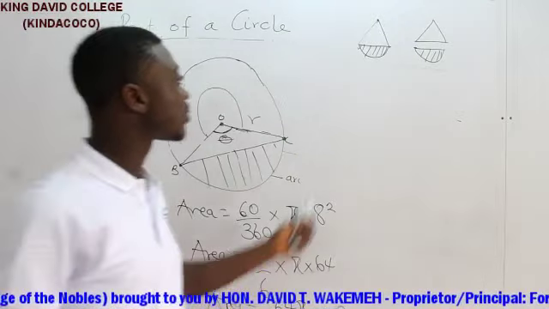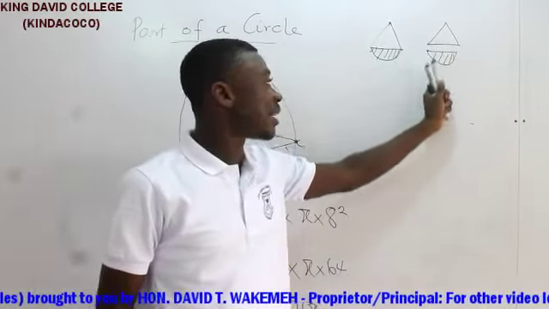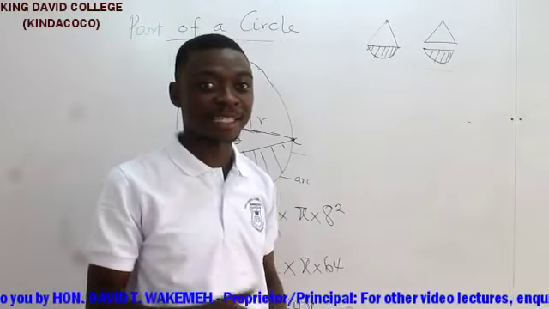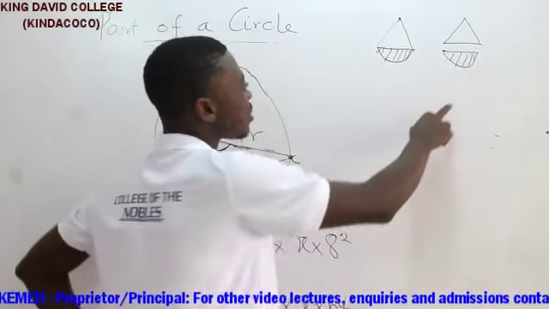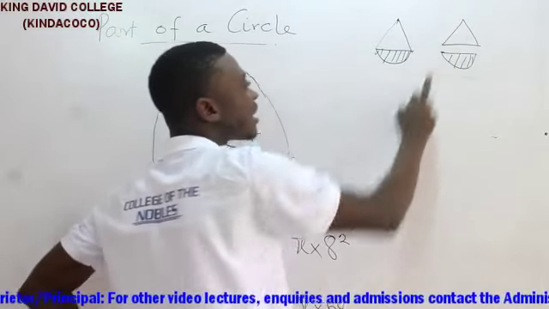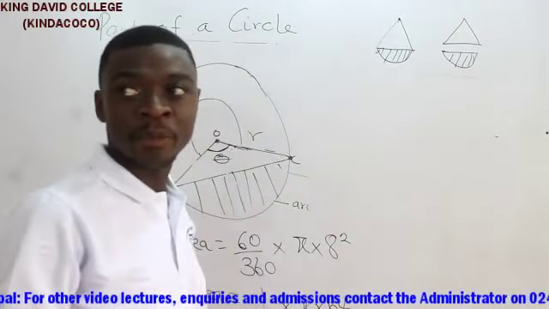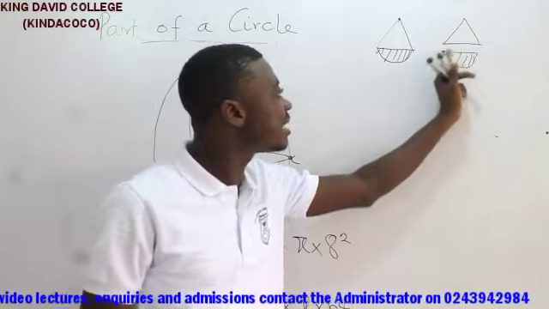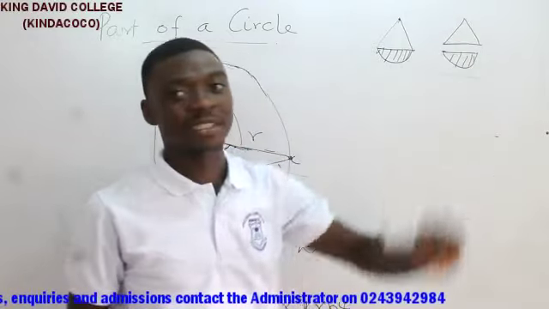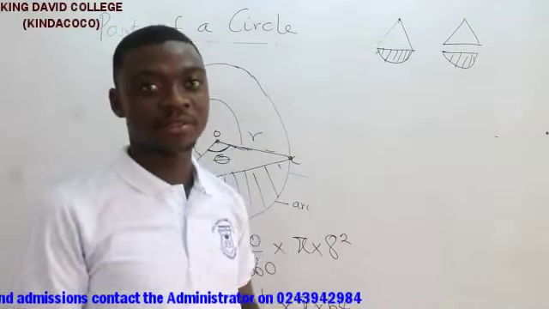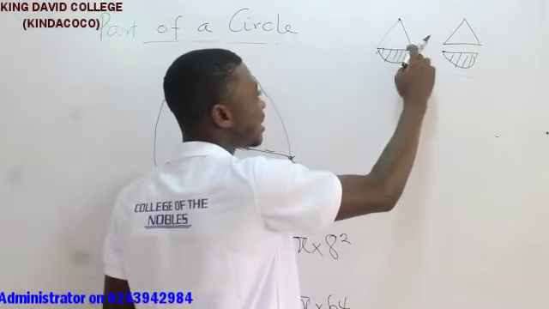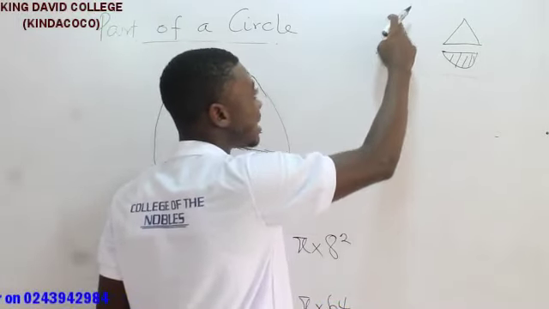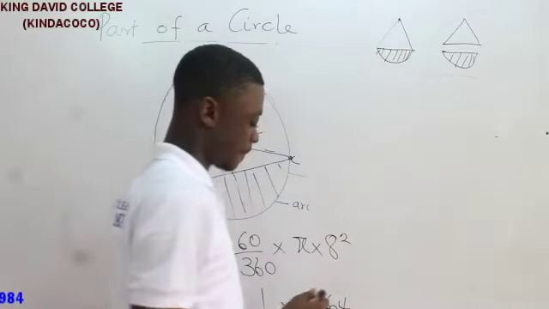So if you want to find the area of a segment, you can clearly see that if I add a segment and a triangle, that's what will form a sector. Then if I need only this part, I can take off this from the main one. The segment here is a part of this sector.